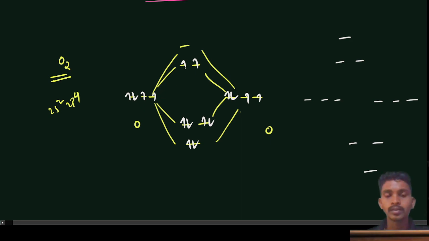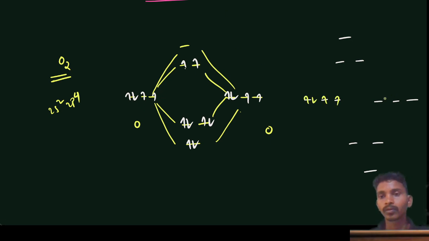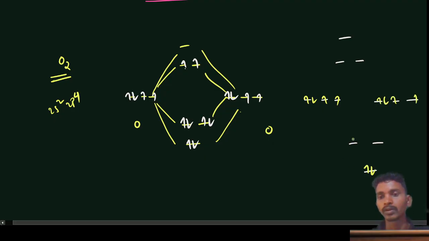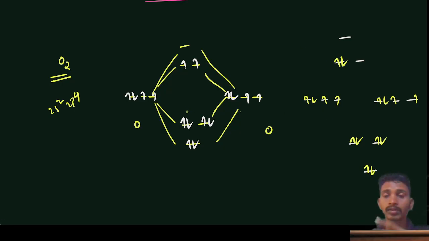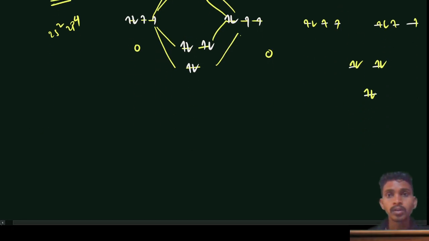If I fill the electrons the same way, now we look at 7 and 8 like that. I am taking all the possibilities; this is also possible, and this also is possible.